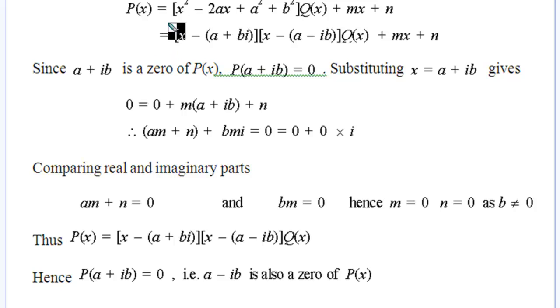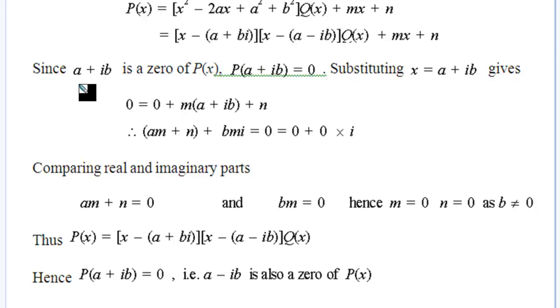So in that case, we get our expression there and divide it into the polynomial, giving p(x) equals that times q(x) plus a remainder. Because we divide by a quadratic, the remainder gives us mx plus n, of degree at most 1. So again, we break it back down to how we had it before: (x minus (a plus bi)) times (x minus (a minus ib)), which are the complex conjugate values, times q(x), plus mx plus n.